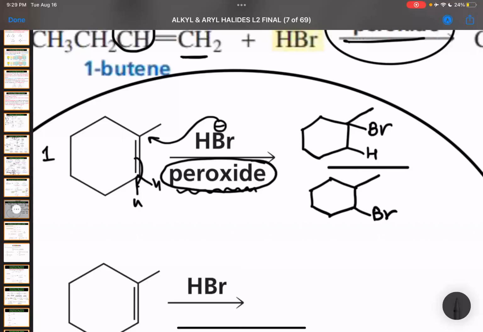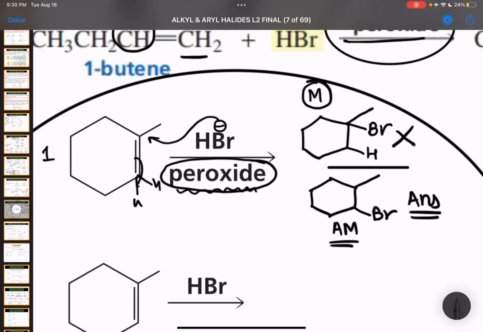So this was Markovnikov addition. But in peroxide, the mode of addition is going to change, and this will be the answer. Anti-Markovnikov addition. This is the answer. Is it clear? Yes, sir.